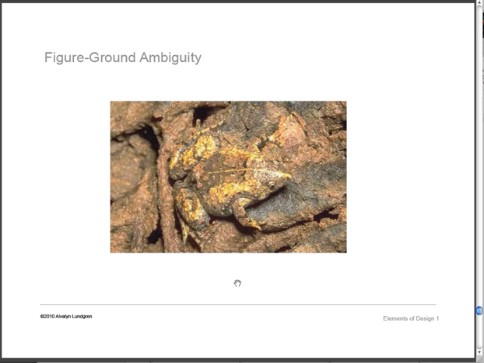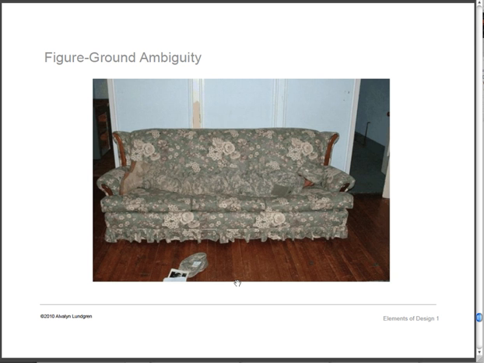Natural camouflage is a figure ground ambiguity. The ability to blend into the background creates security and safety in a lot of situations. And we find that naturally, and we also find it where people need to be protected.